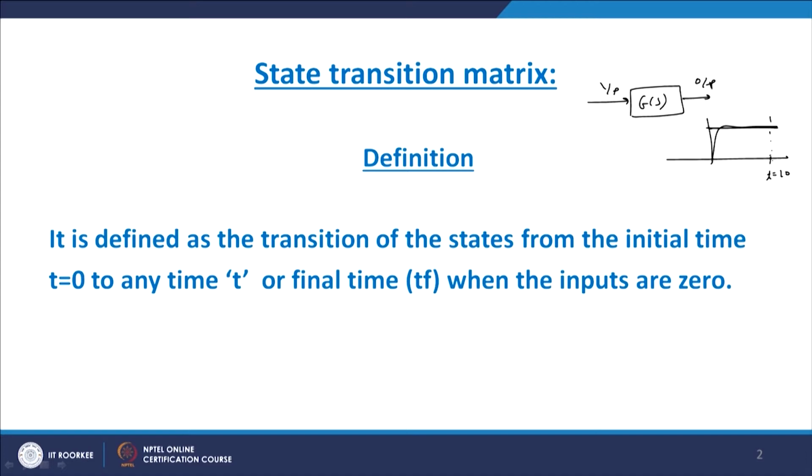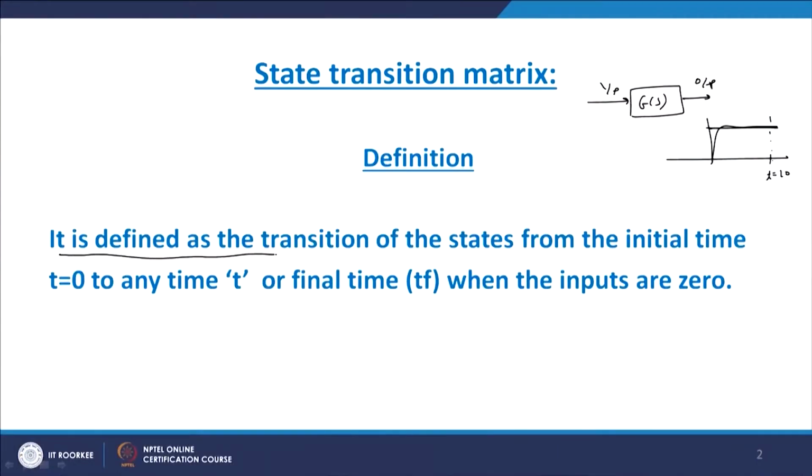But in case of a state space system, along with this output there are states, which are the important parameters in the system, that have also travelled. That is, from t equals 0 to t equals t f, the state has been transferred.